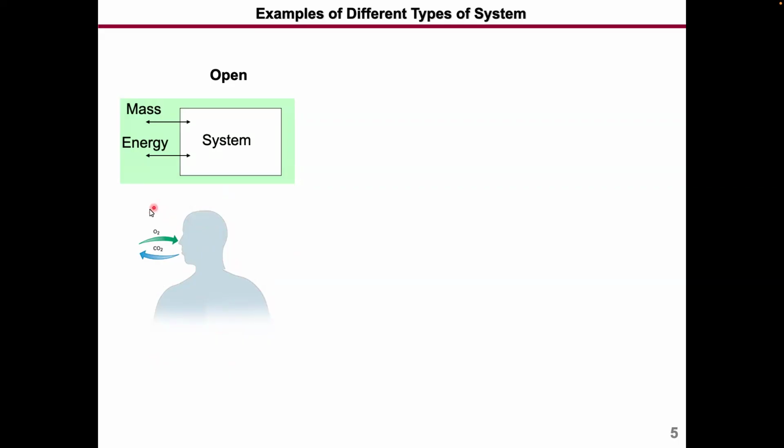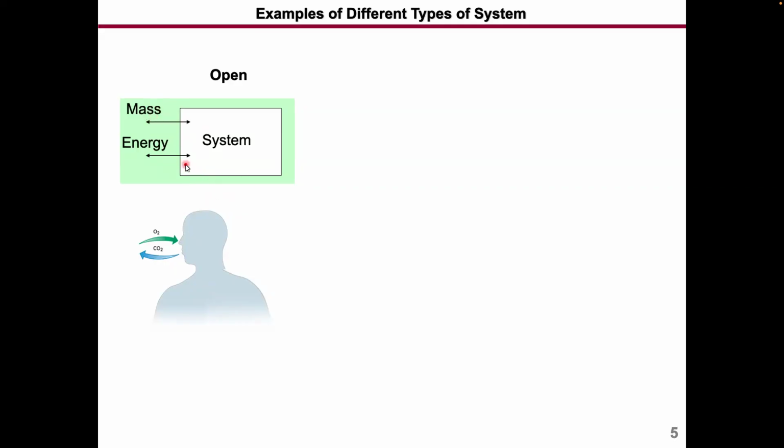Between the surroundings and the system, which is our body, oxygen goes in, CO2 goes out. So the content within the system is changing, meaning you have mass flow between the system and the surroundings.